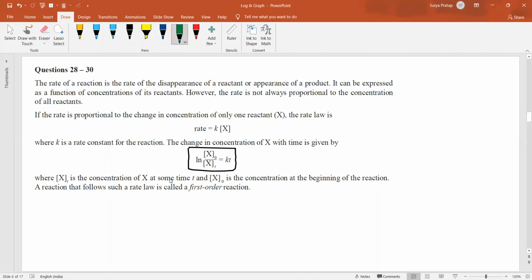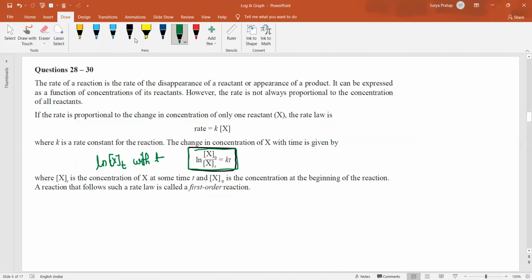Just look at this formula, and you have to form a relation between log xt and t. You can say xt defines the concentration of that reactant, or any element, at time t. So we have to form a relation between log xt and t.